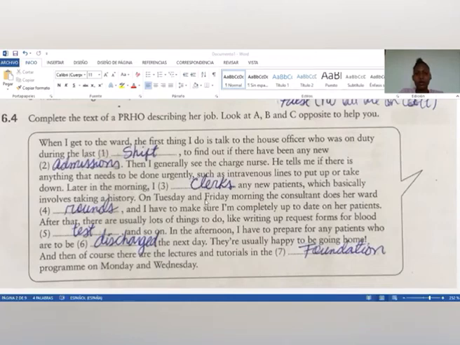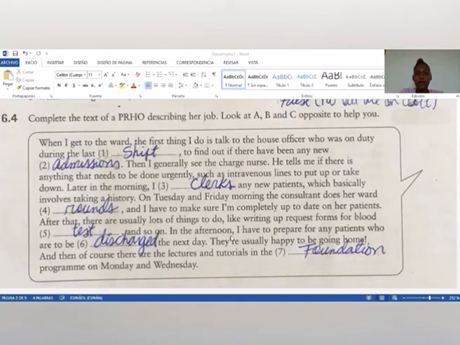On Tuesday and Friday morning, the consultant does her ward round, and I have to make sure I'm completely up to date on her patients. After that, there are usually lots of things to do, like writing up request forms for blood tests, and so on.